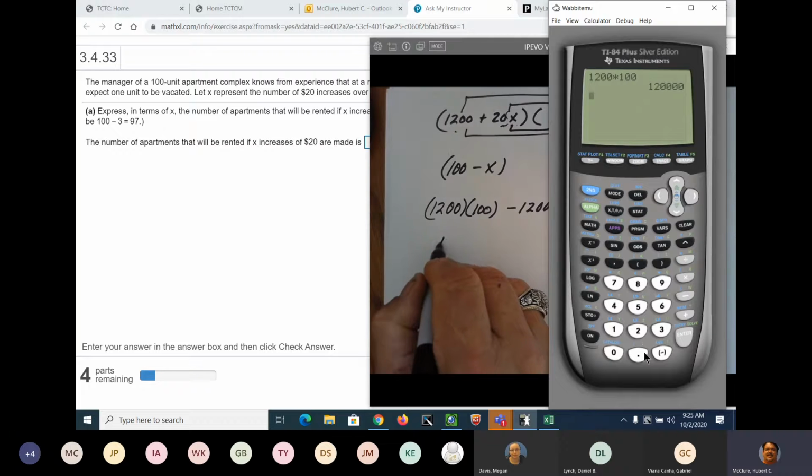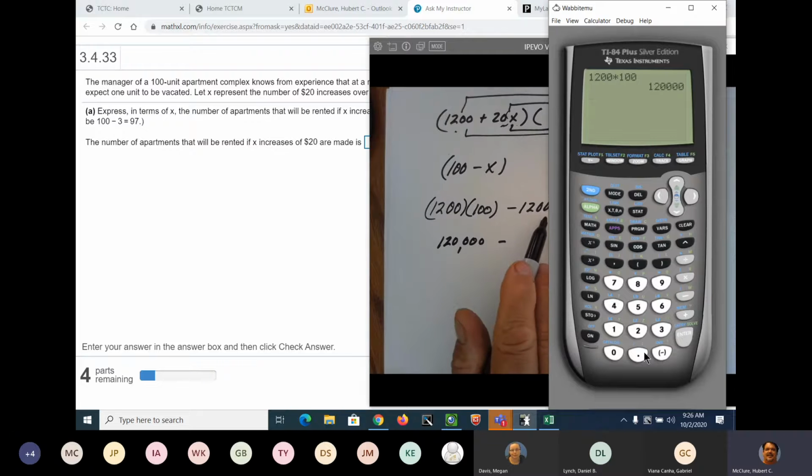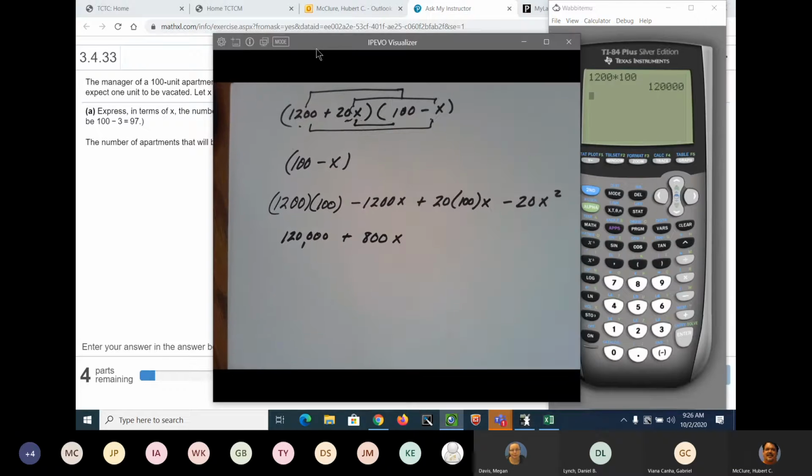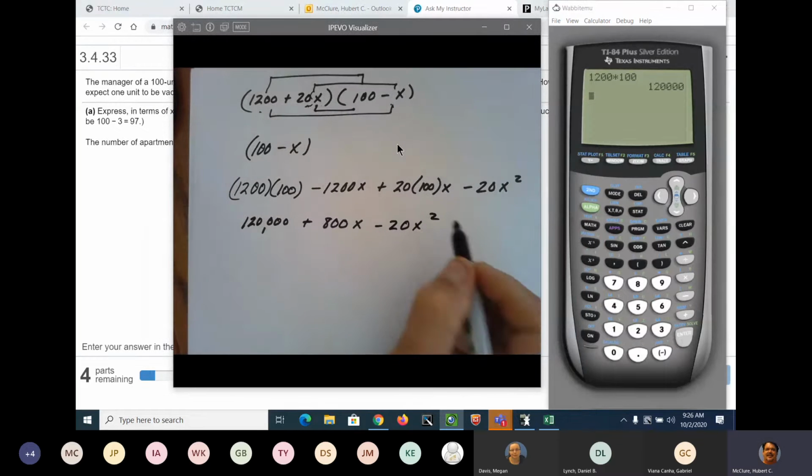So that's 120,000 minus, well, 20 times 100, that's going to be 2,000, right? So that's negative 1,200 plus 2,000, which is positive 800x. Check me on that. And then minus 20x squared.